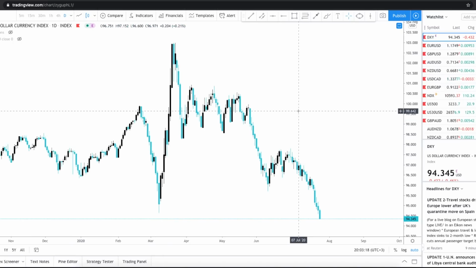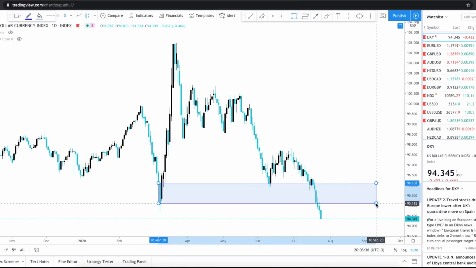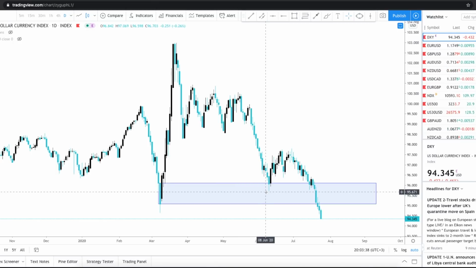So we're going to start off by looking at the DXY, the US dollar index, and what it is doing at the moment and what we can hope for or see in the future. So right now, the US dollar is just falling, right? But when the US dollar came to this area back in the start of June last month, we saw that the last down candle before this huge bearish move, the US dollar came here, almost came to the 50% of the last bearish candle, and started reversing.